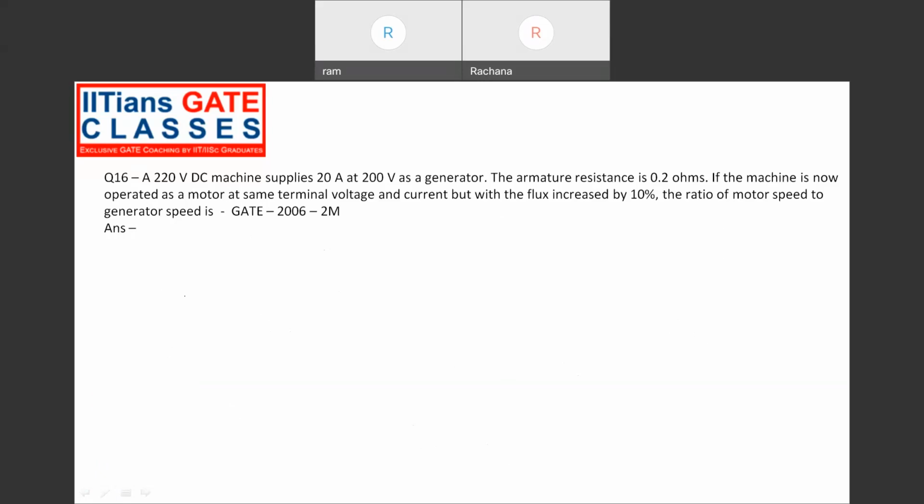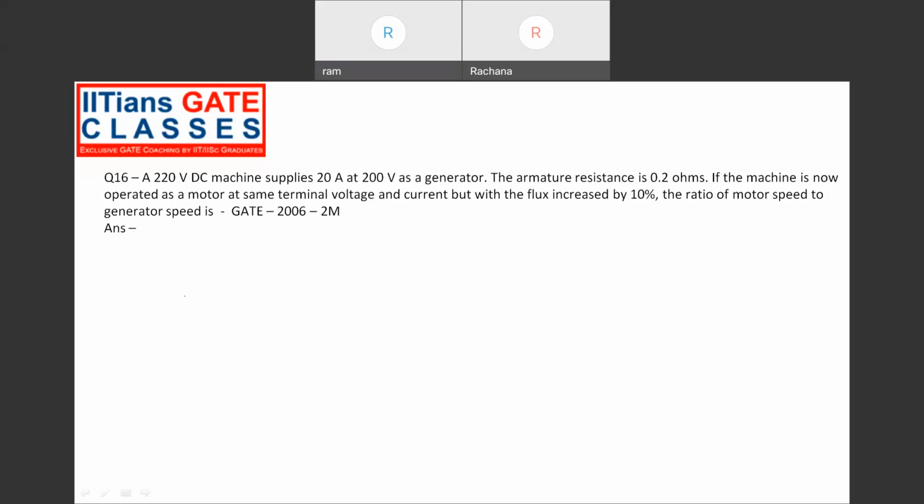A 220 volts DC machine, 20 amps at 200 volts as a generator. The armature resistance is 0.2 ohms. The machine is now operated as a motor at the same terminal voltage and current. Flux is increased by 10%. They are asking us to find the ratio of motor speed to the generator speed.